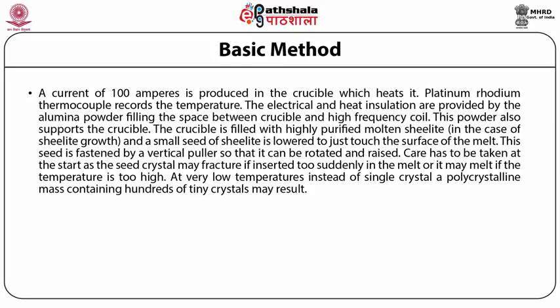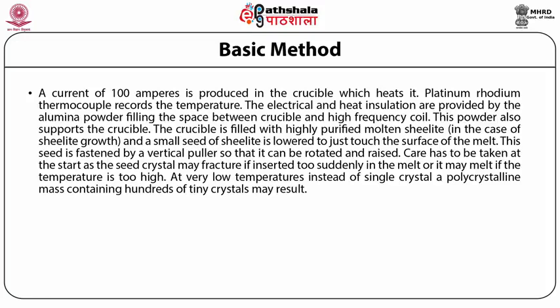The crucible is filled with highly purified molten scheelite in the case of scheelite growth, and a small seed of scheelite is lowered to just touch the surface of the melt. This seed is fastened by a vertical puller so that it can be rotated and raised.